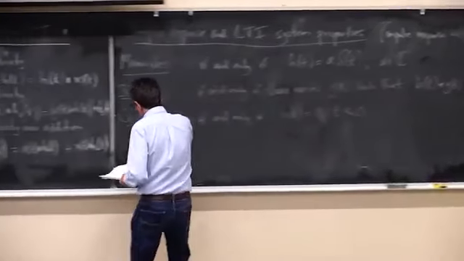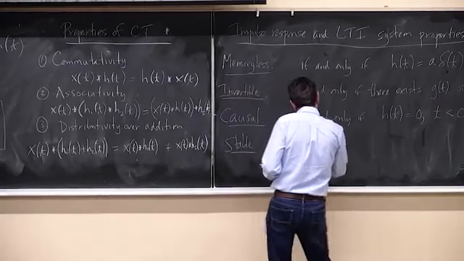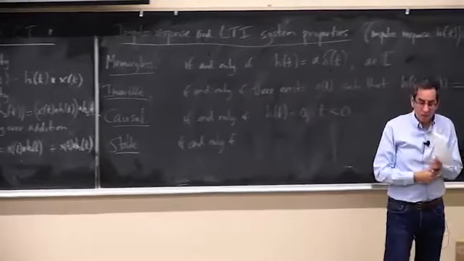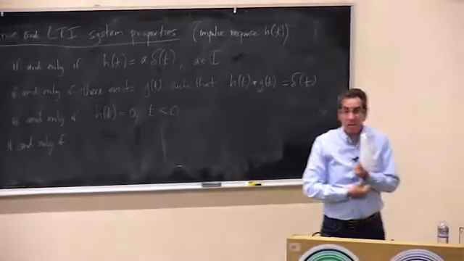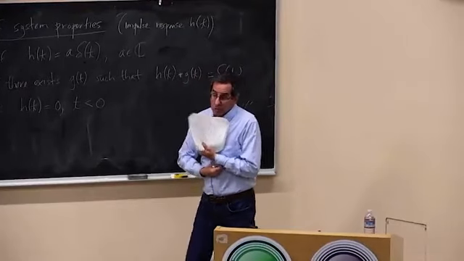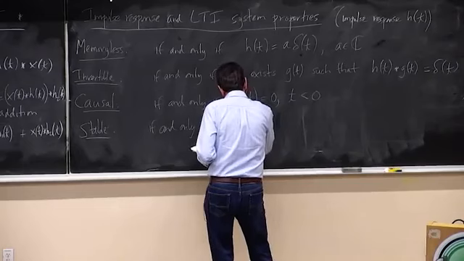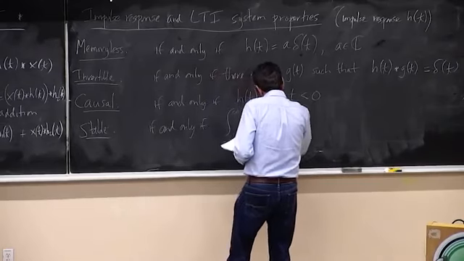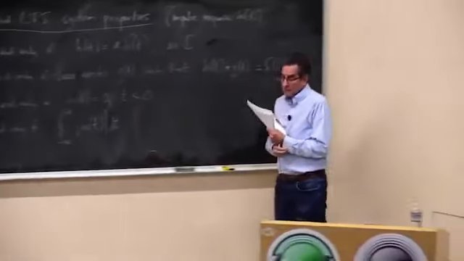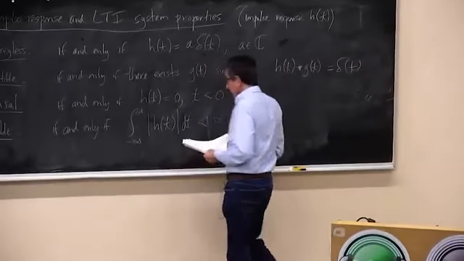And then finally, the system is stable if and only if the system satisfies the property that's the continuous time analog of absolute summability. Here it's going to be absolute integrability. So what we need to know is that the integral of the magnitude of that impulse response from minus infinity to infinity is a finite number.